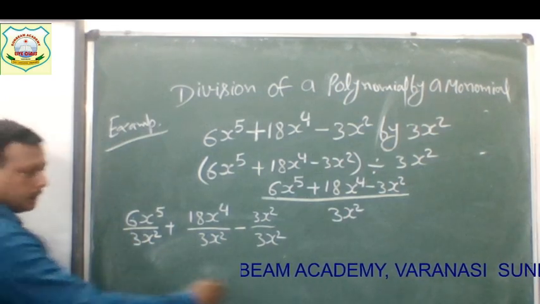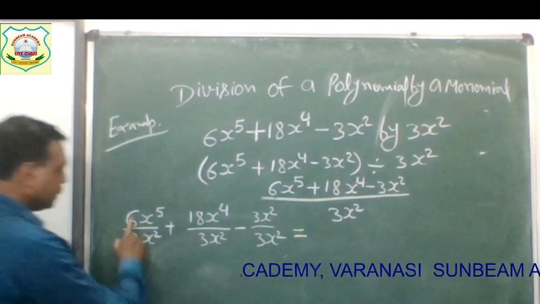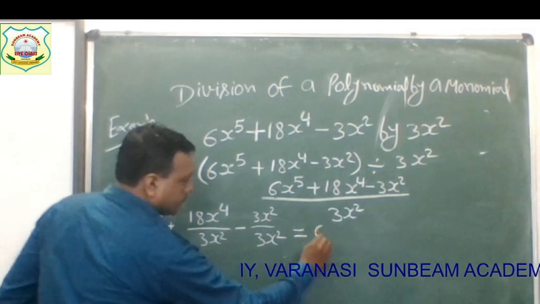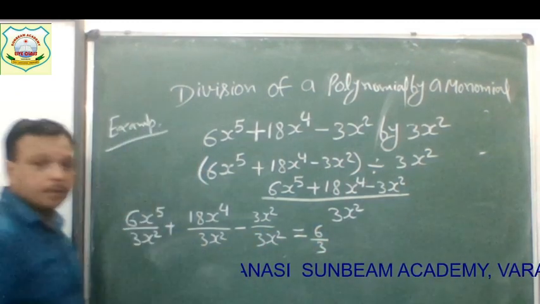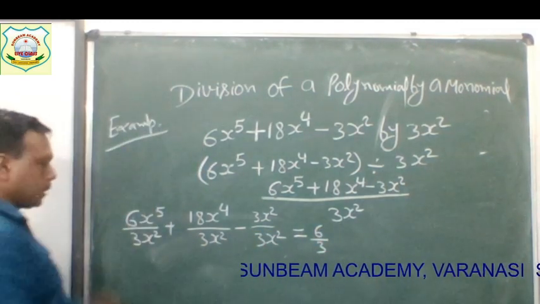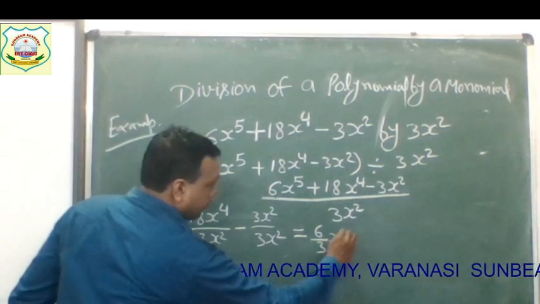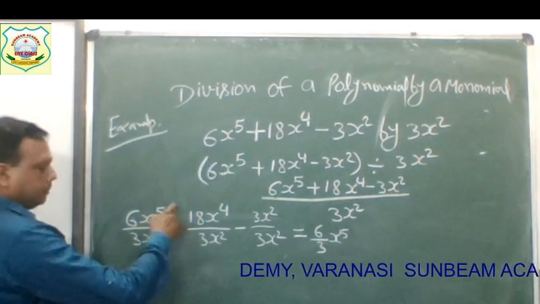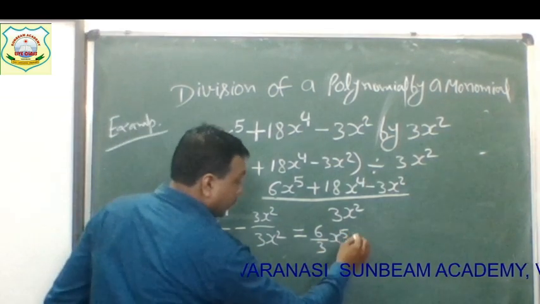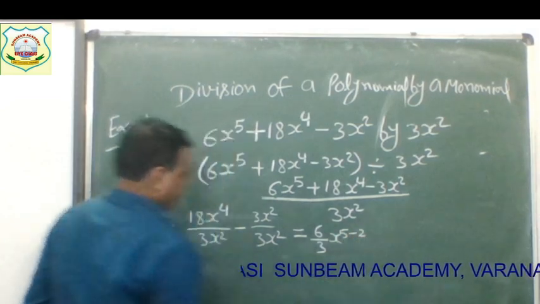You can see here 6 upon 3, x power 5 and x power 2. So x power 2 is in the denominator, so it will be x power 5 minus 2.